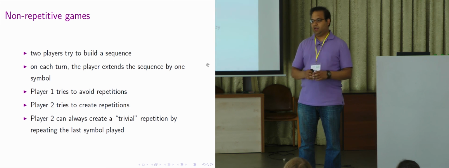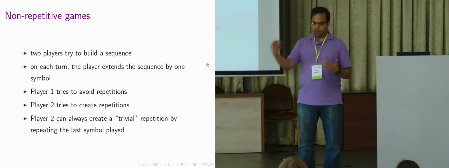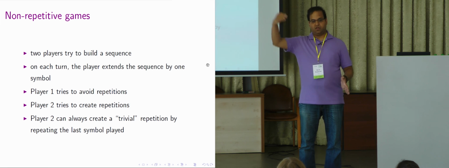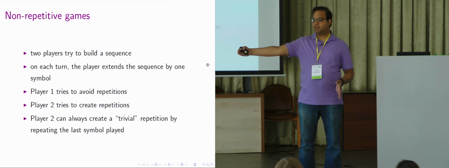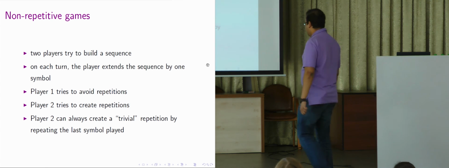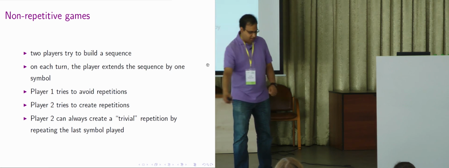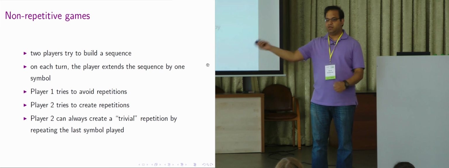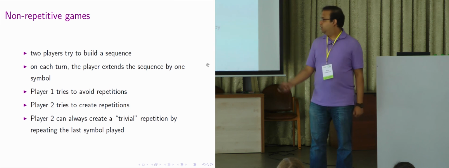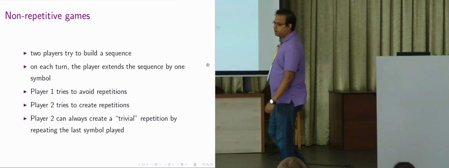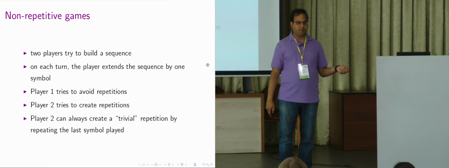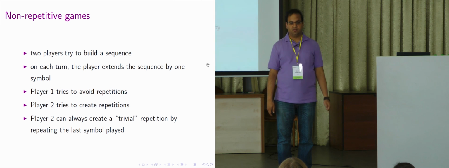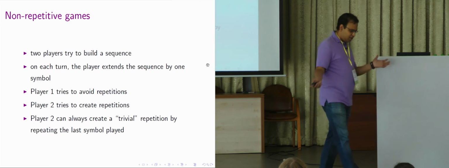On each player's turn, he has to extend the current sequence by one character. Obviously, player two can just repeat the last symbol that player one played and always get a square of a single character repeated twice.